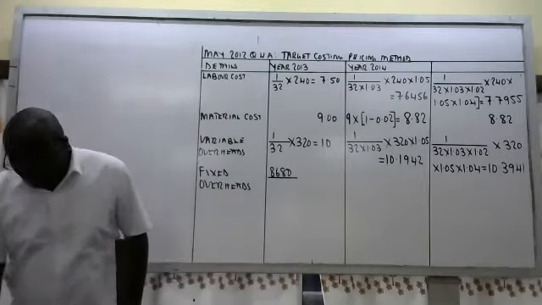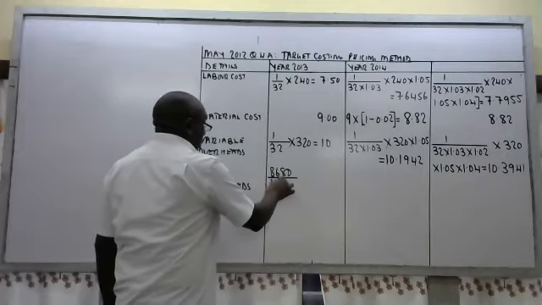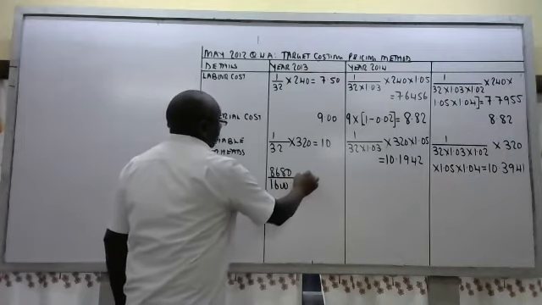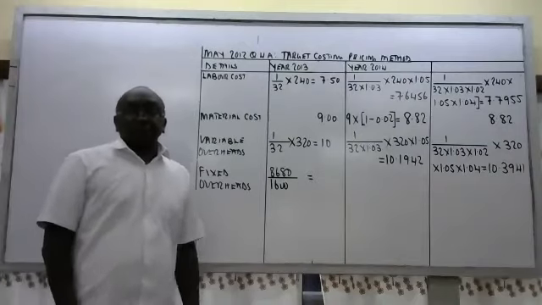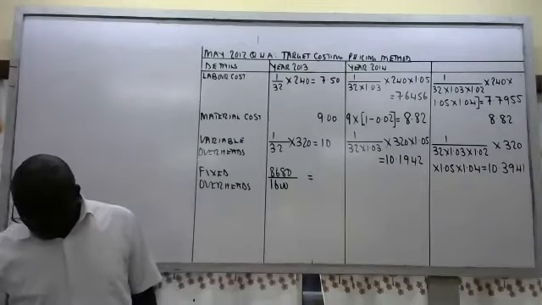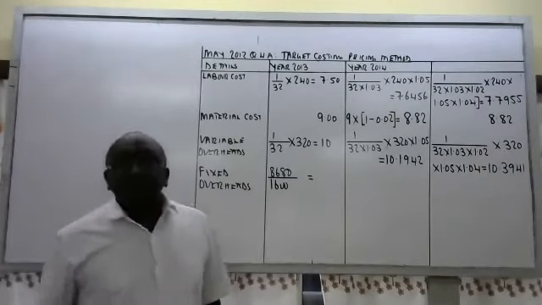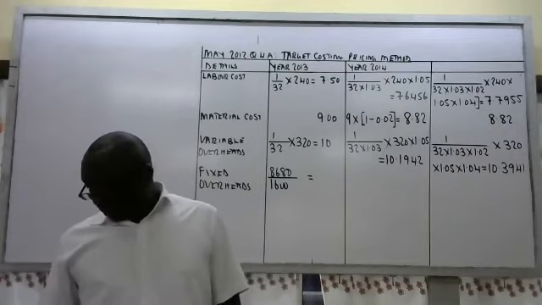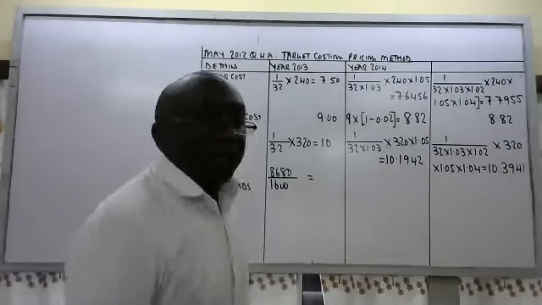You divide by the number of units which are up there, 1600. So that will tell you the cost per unit. The cost per unit is 5.425.